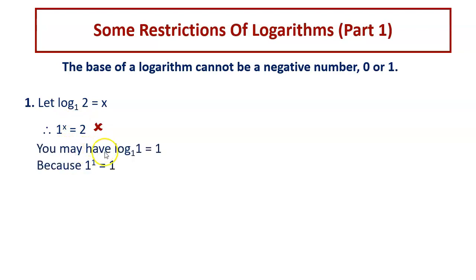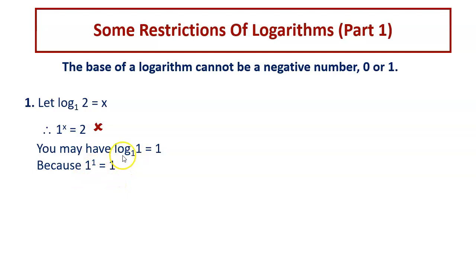You can say that we can have log of 1 to the base 1 equal to 1. If we change this to its exponential form, the base is 1, the result becomes the power, and the argument becomes the answer, so 1 raised to the power of 1 is equal to 1. Definitely this is a special case.